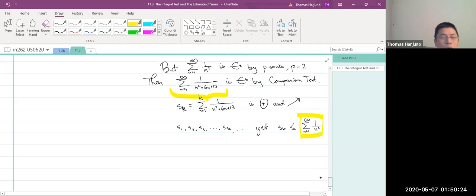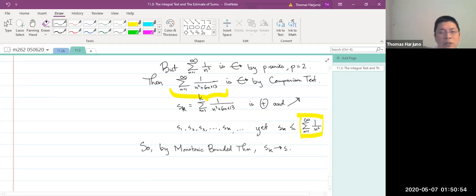So by the monotonic bounded theorem, S_k is convergent to S. I don't know what S is, so let me just say it is convergent.